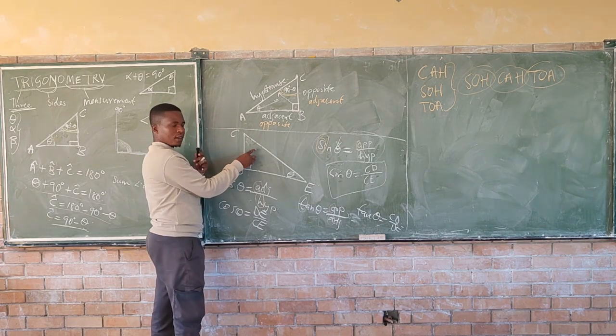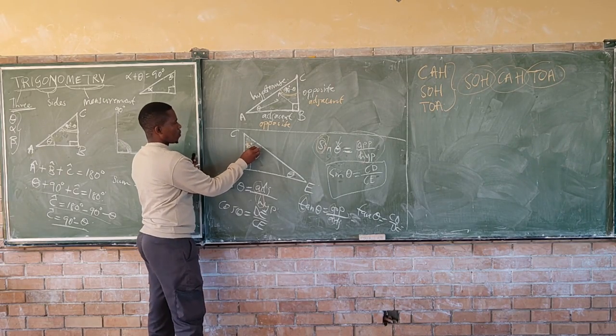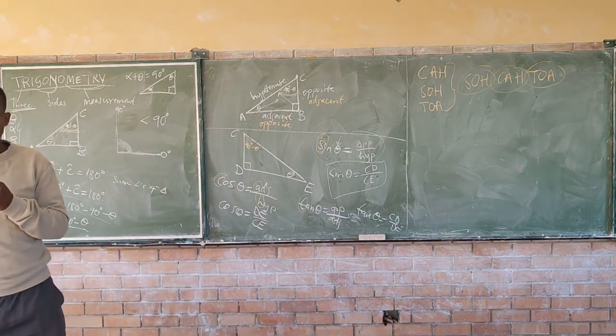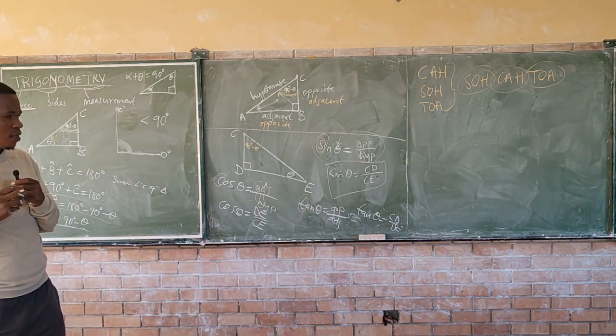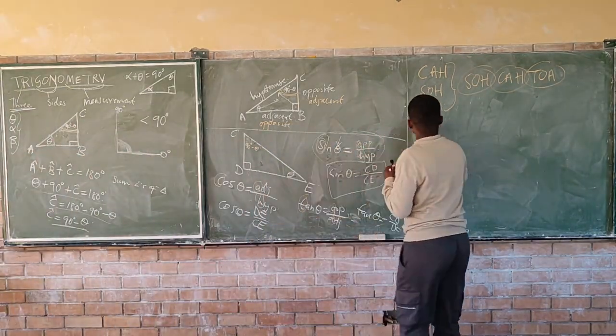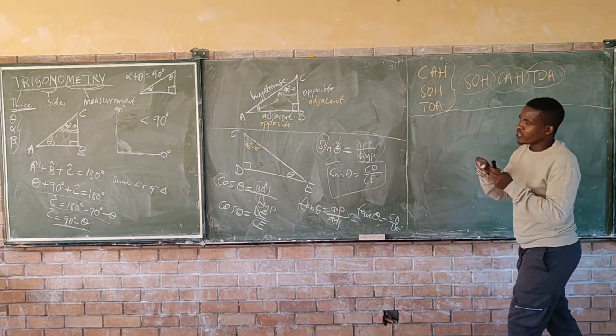What will be this angle? 90 degrees minus theta again. Now I want you to observe something. You'll see if it will make sense. Okay, and you'll see it somewhere along the way. All right, let's write it in terms of that.